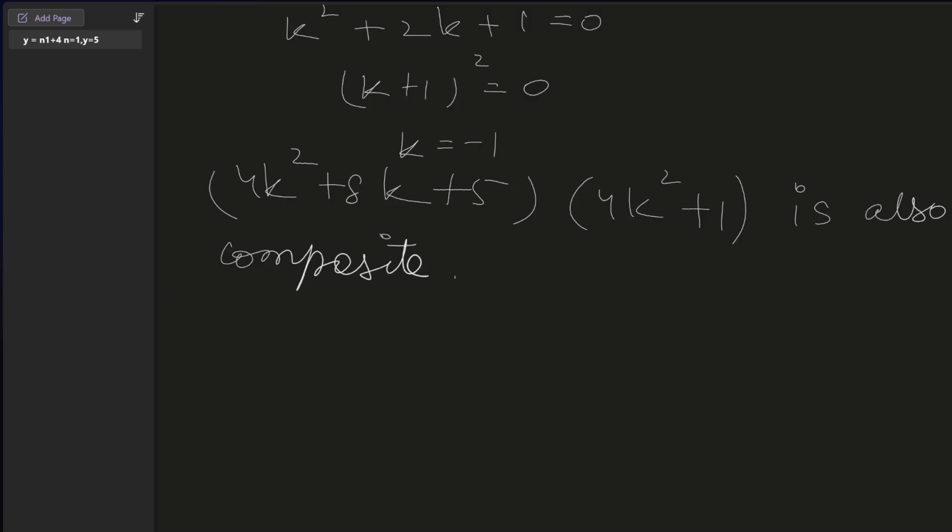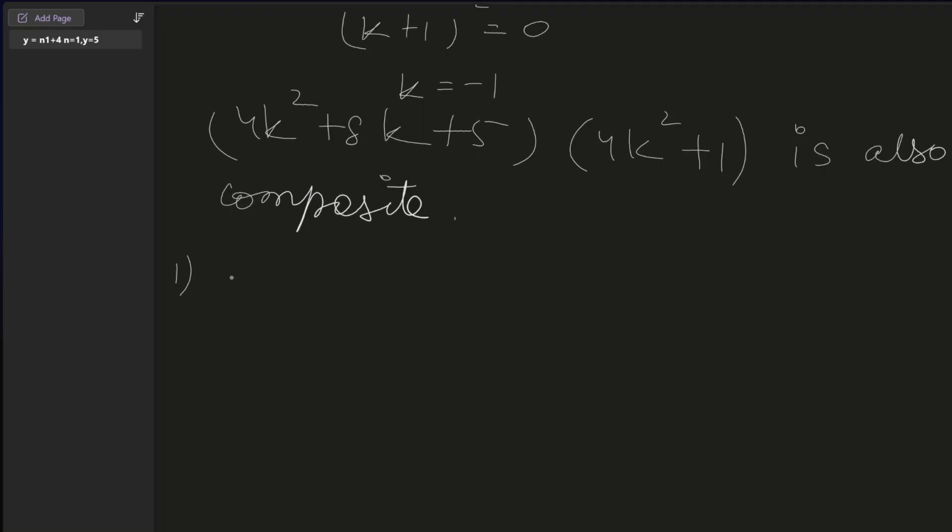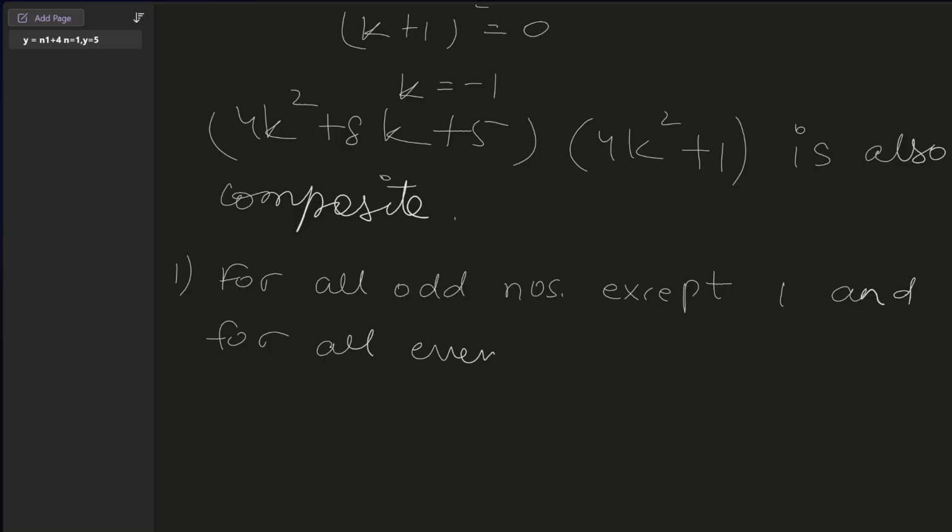So what have we concluded from here? That for all odd numbers except 1, and for all even numbers, n to the power 4 plus 4, which we consider to be y, is composite.